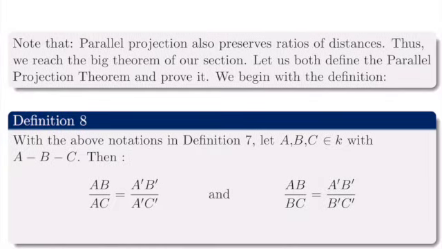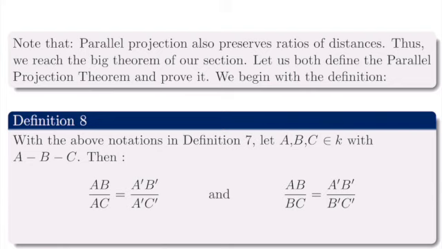Alrighty, so let's get into what it says. Before we get into it, we're noting that the parallel projection also preserves ratios, which is in fact what the theorem says.